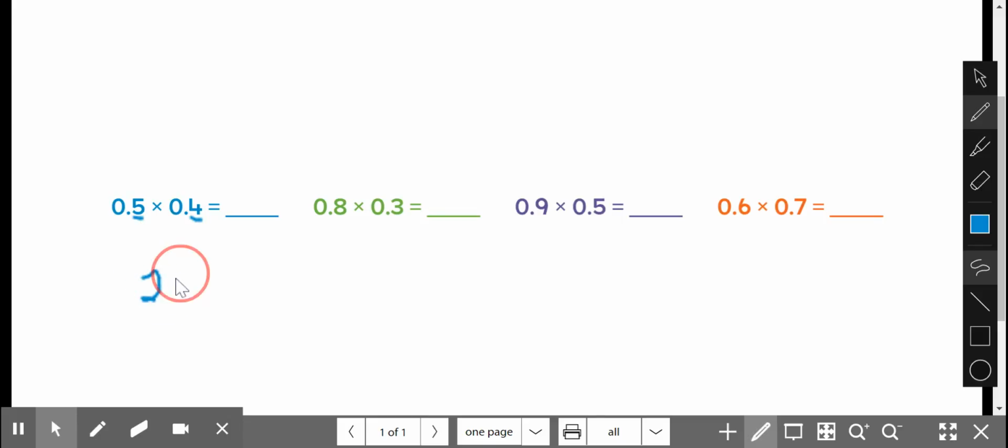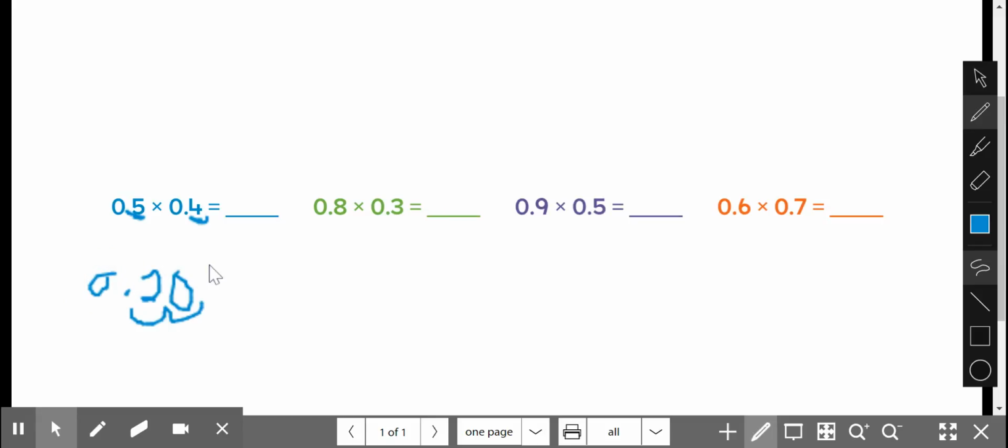And then when I have decimal points, what I have to decide is how many places over to the left the decimal point should be placed. How many decimal place values are there on both of these numbers combined? I can see 1 here and 1 here for a total of 2. So I move over 1 and 2 for my decimal point right there.